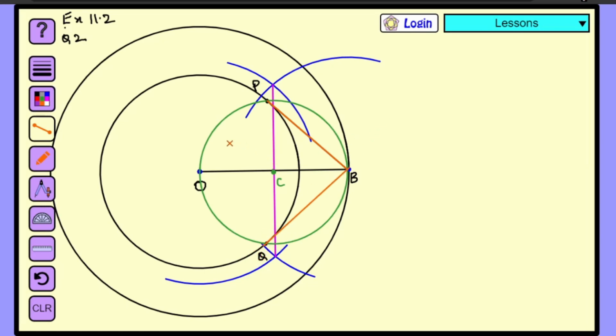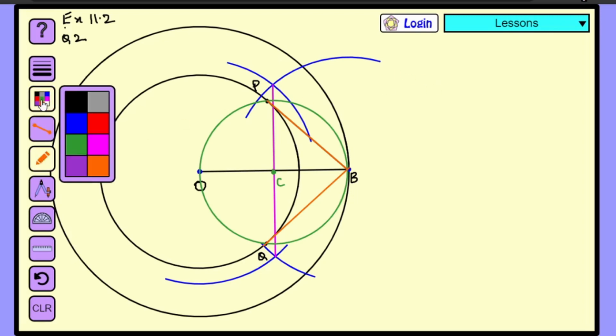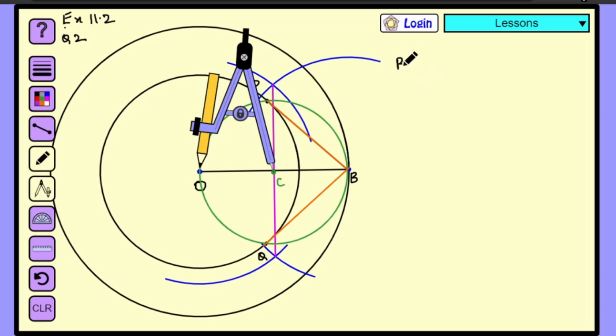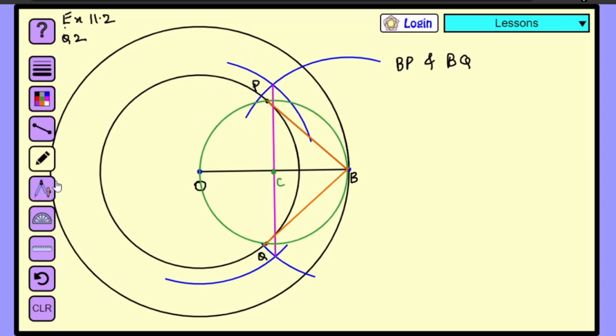Now BP and BQ are the required tangents.